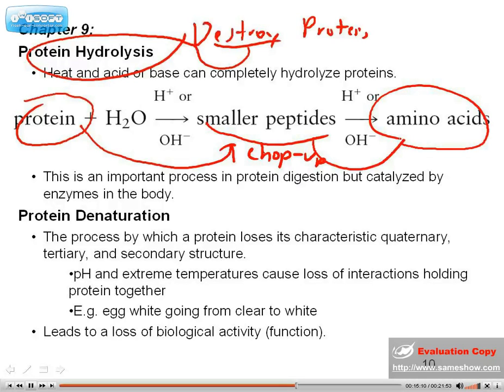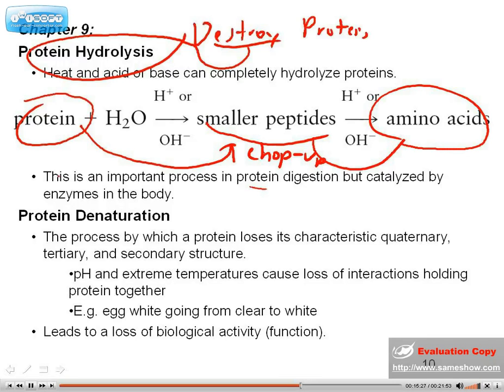So for example, when you're eating that drumstick of chicken, you're breaking up the protein into smaller polypeptides and then finally into amino acids, which are then transported into your body.